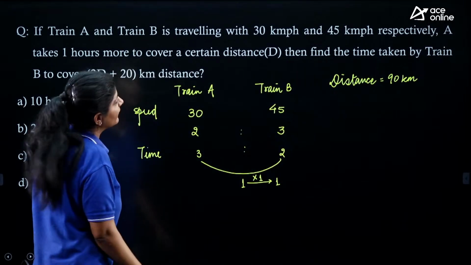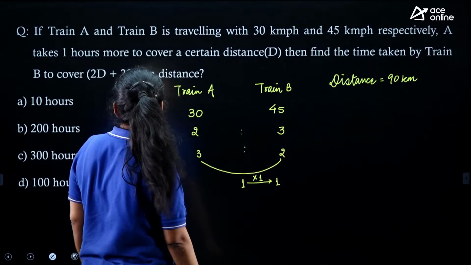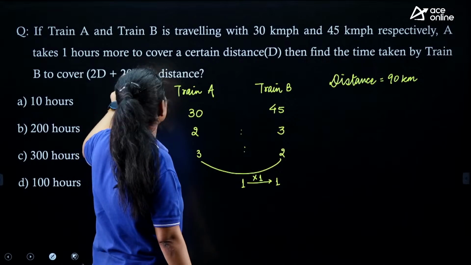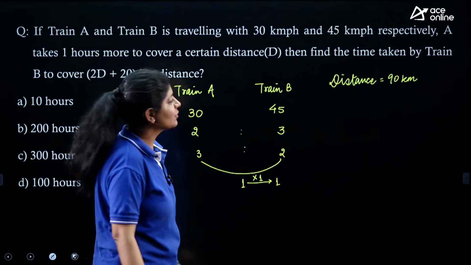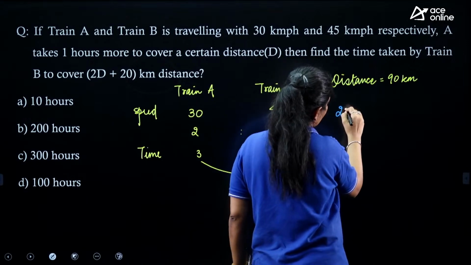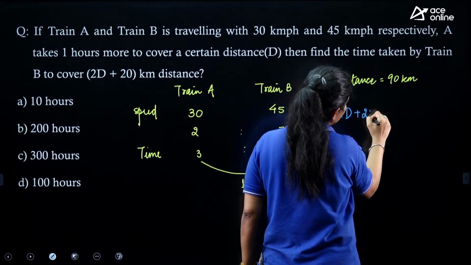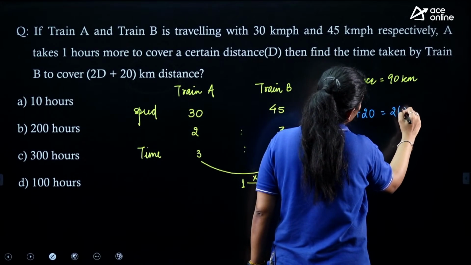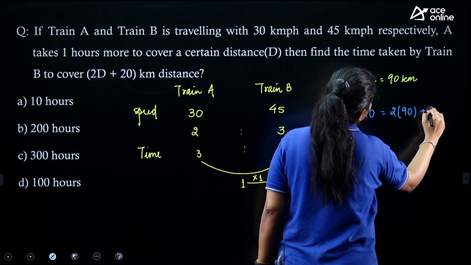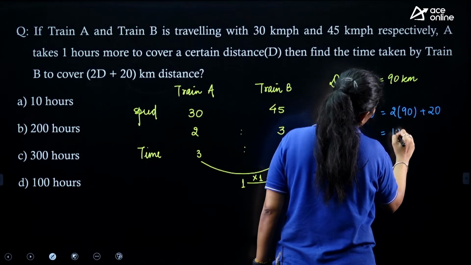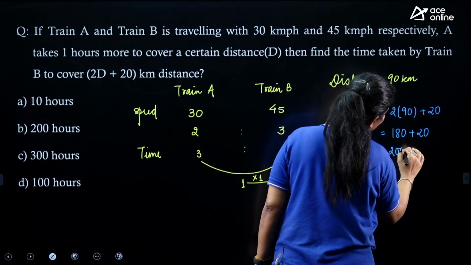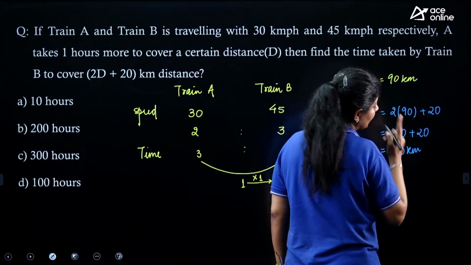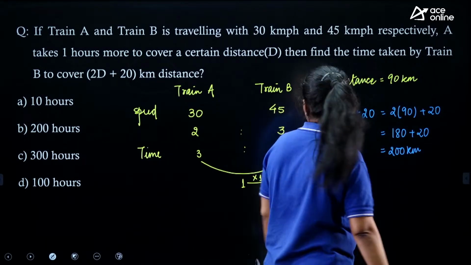Now we need to find the time taken by train B to cover 2D plus 20. 2D means 2 into 90 plus 20, which is 180 plus 20. That means we need to find the time taken by train B to cover 200 kilometers.